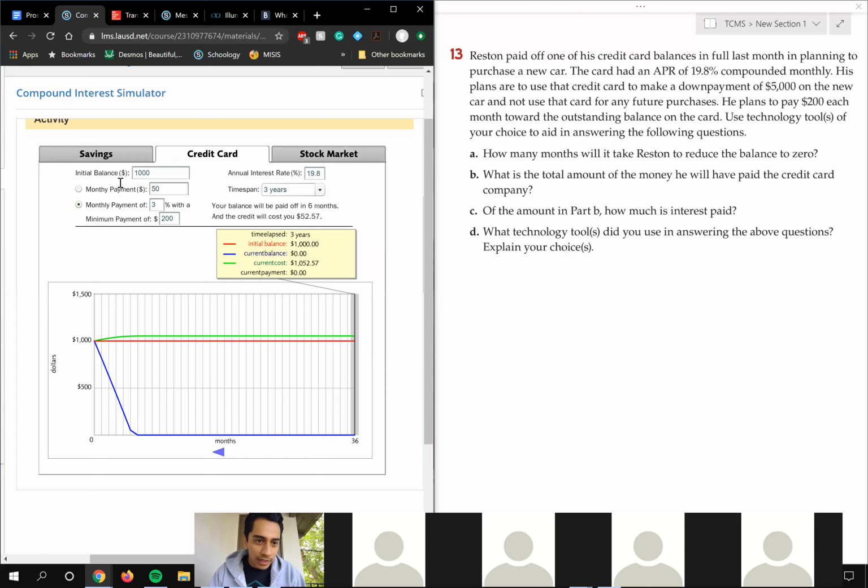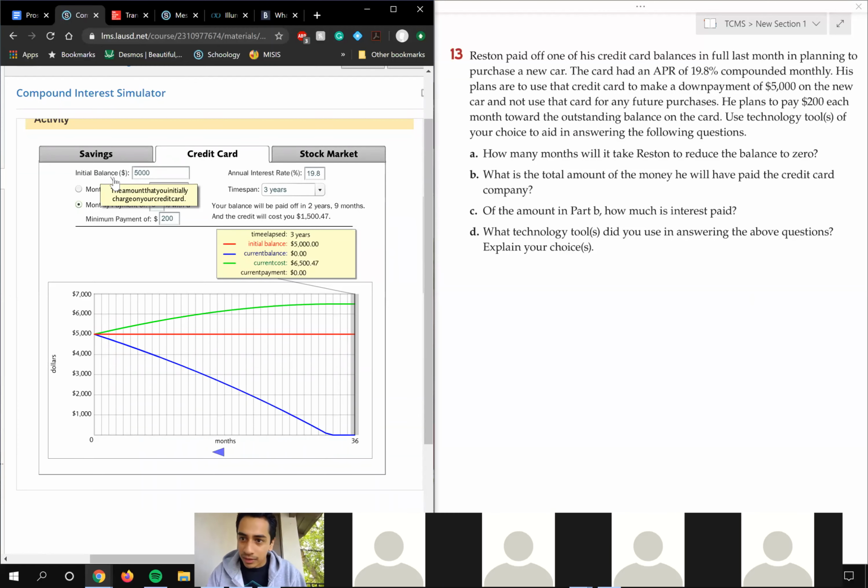And I believe the initial balance in this case is going to be 5,000 because that's what he paid, right? Okay, so then what we can see here is we have the time span in this case, which tells us these are the payments that he's going to have to make. No, sorry.